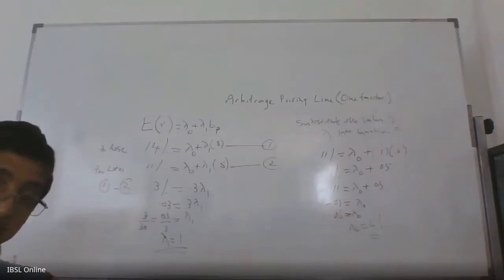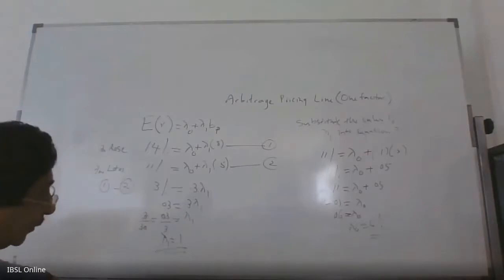Now we have the value of lambda 1 as 0.1, and we can substitute it into equation 2. That is what I have done here. Equation 2 starts with 11% is equal to lambda 0, which we don't know, plus lambda 1, which we have already found, it is 0.1, into 0.5. So 0.1 into 0.5 is 0.05.